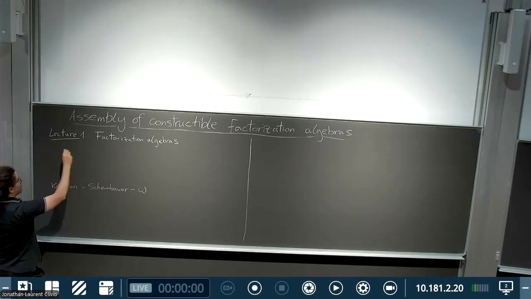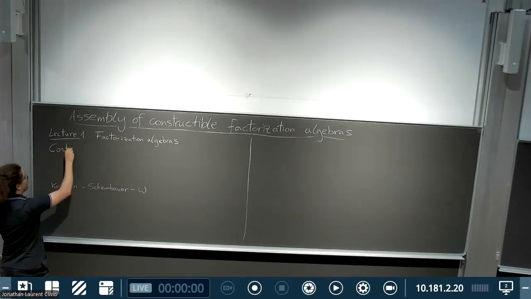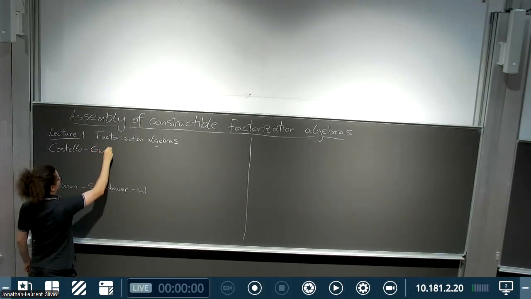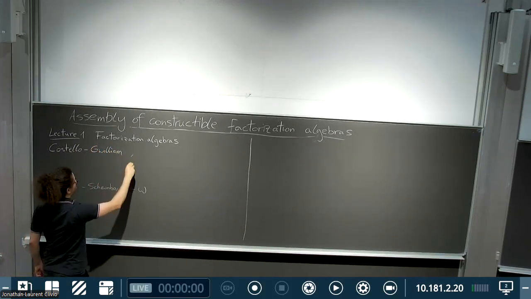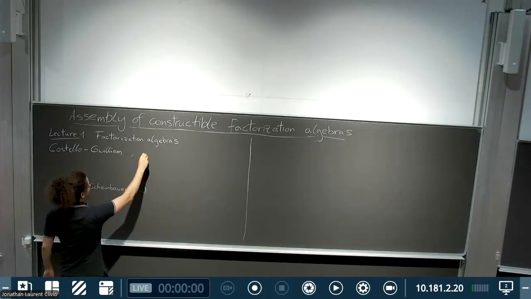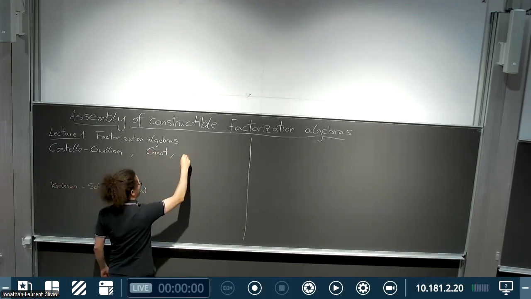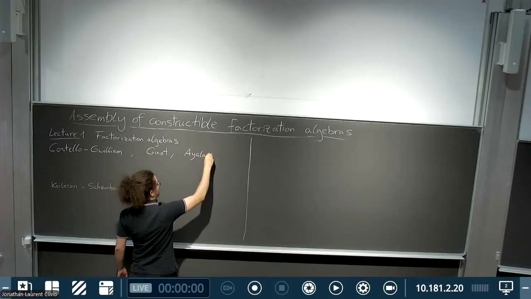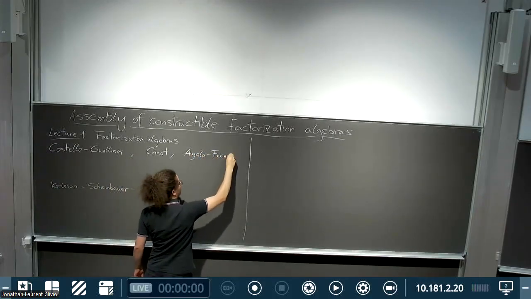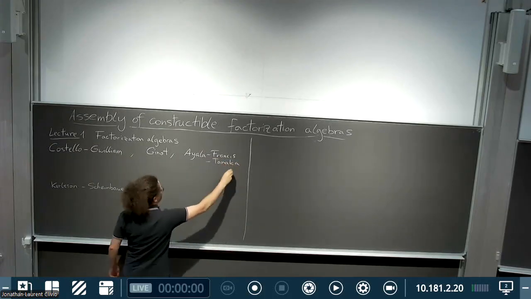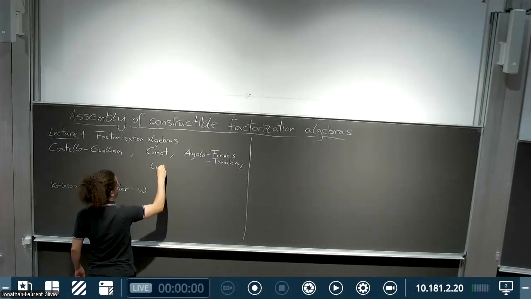So factorization algebras were defined by many different authors in slightly different ways. For example, we have Costello, Williams, we have Rode, we have Mariella, Francis, sometimes with Tanaka, and there's also a version of Lurie.